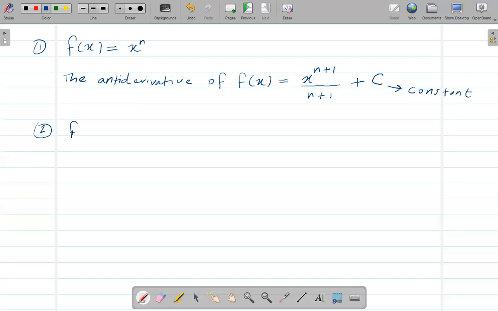Another rule: let's say f of x is equal to k times x to the power n, where k is a constant.